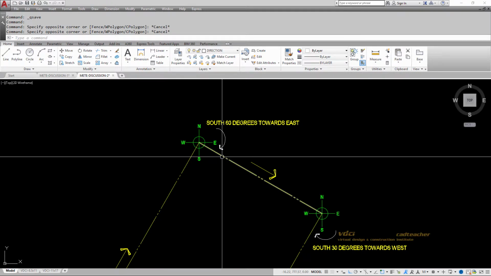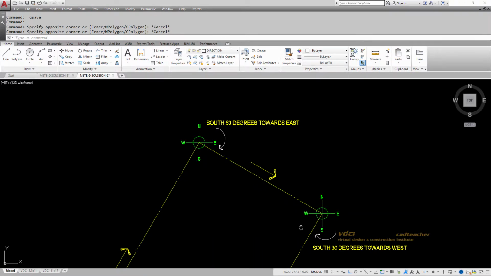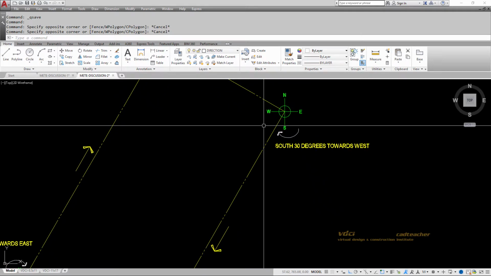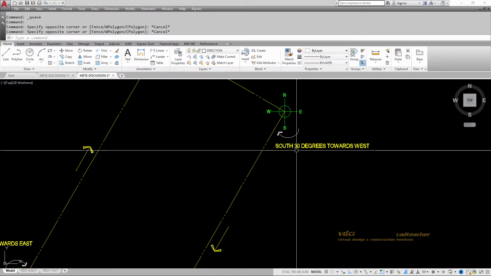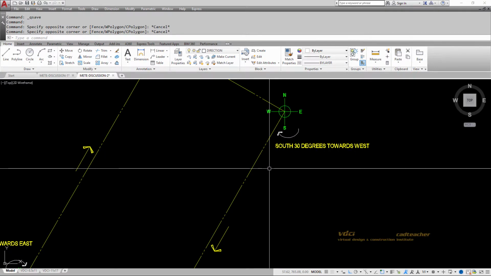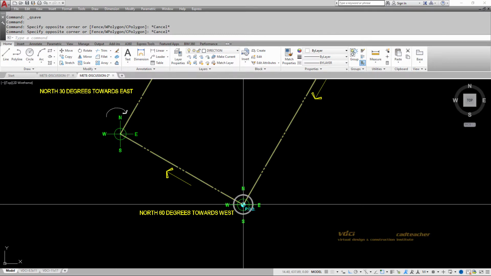So this segment here is in the bottom right quadrant, so it's south 60 degrees towards east. I continue on. This next segment is in the bottom left corner, so it's going to be going south 30 degrees towards west, and it's ending up at the point of beginning.